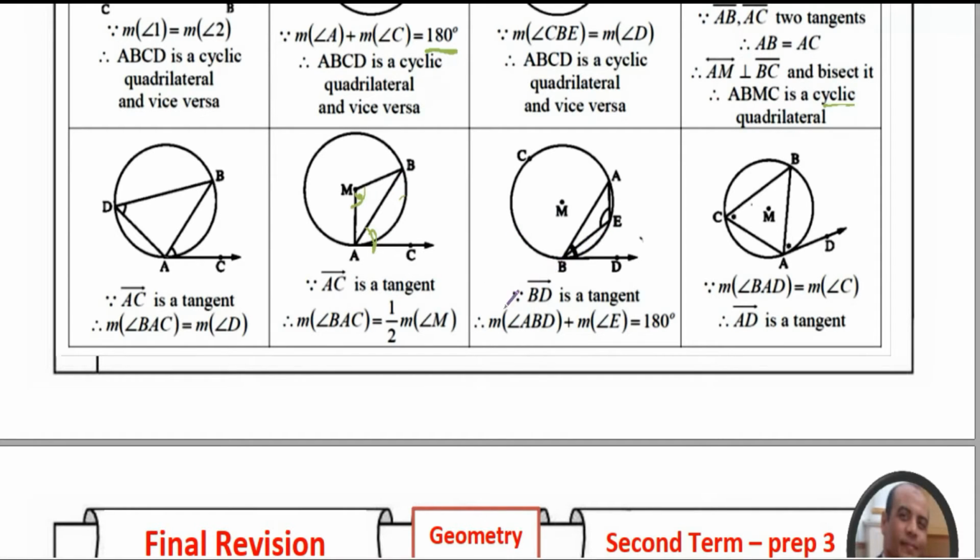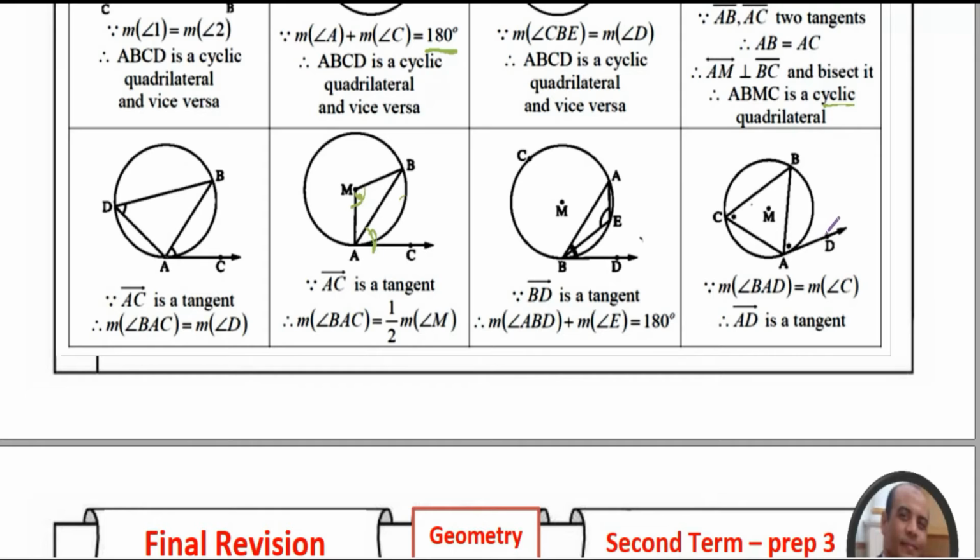Also you have a tangent BD here. So the measure of the angle ABD plus the measure of the angle E equals 180 degrees. Here is the converse.